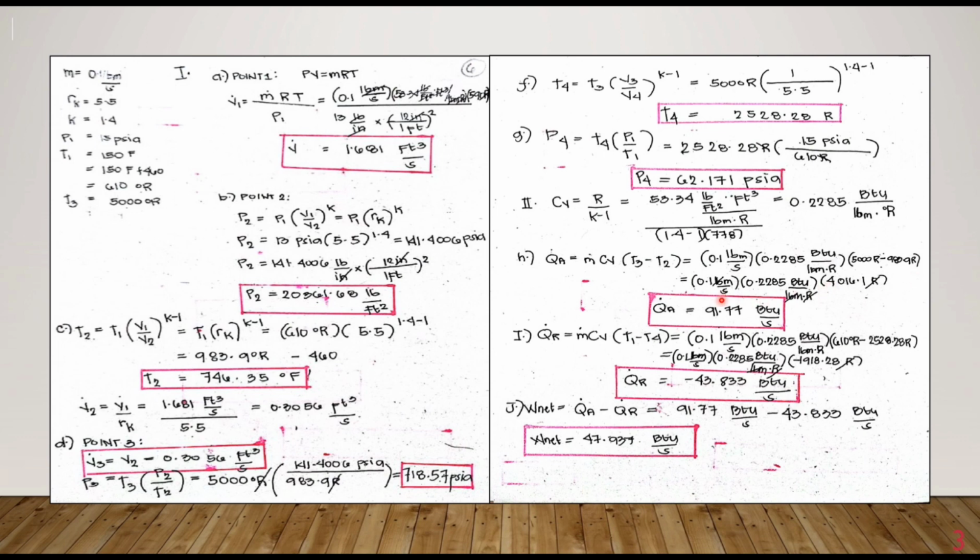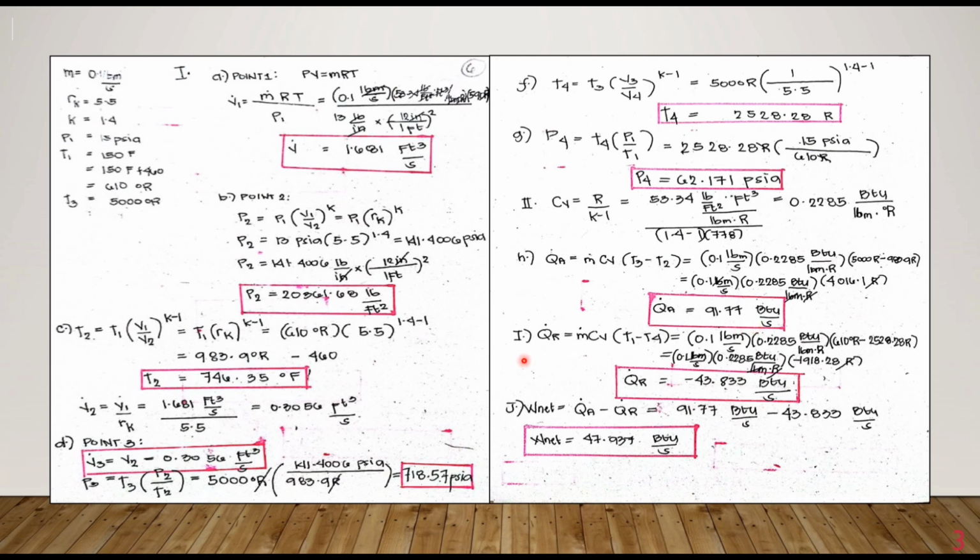So we have 0.1 lbm per second times 0.2285 BTU per lbm-Rankine times 4,016.1 Rankine. So cancel the same unit. So we get QA is equal to 91.77 BTU per second.